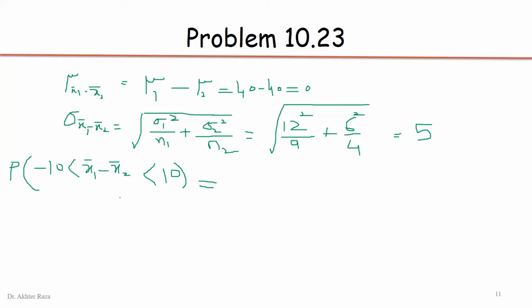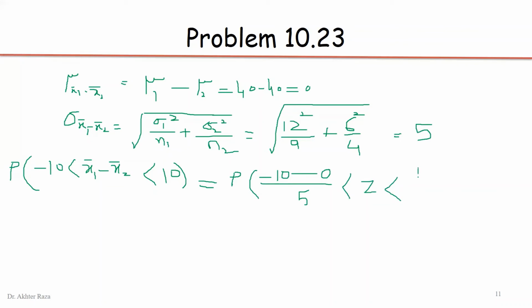Now subtract the mean of the sampling distribution of the difference of two means. So this is -10 minus 0, where the mean is 0, divided by the standard error, which is 5. In the center I have Z, because I have converted x bar 1 minus x bar 2 into the Z distribution.